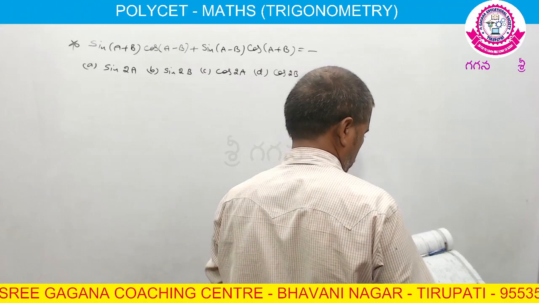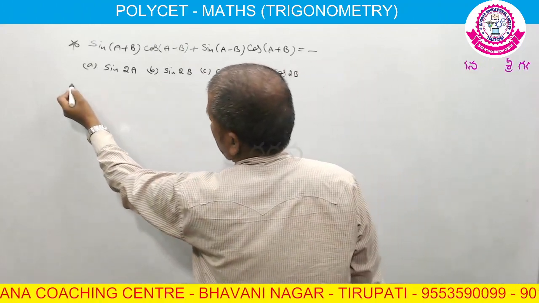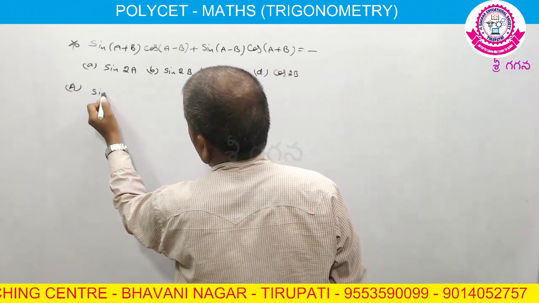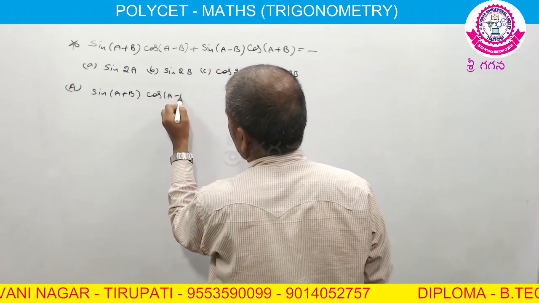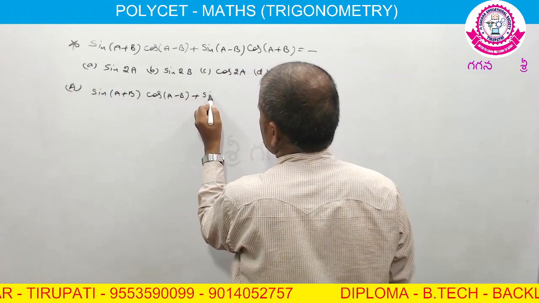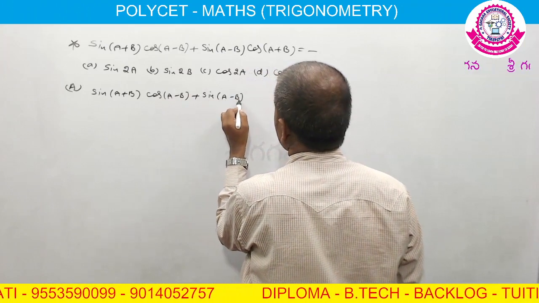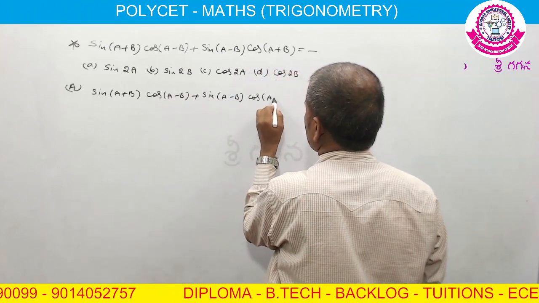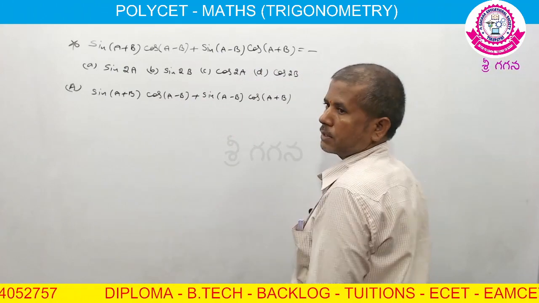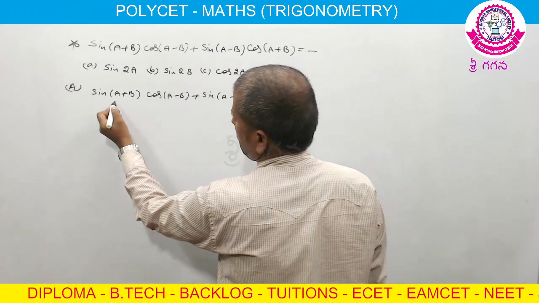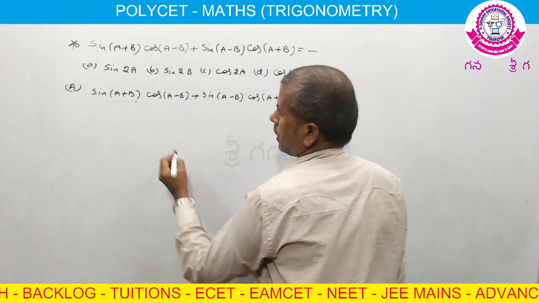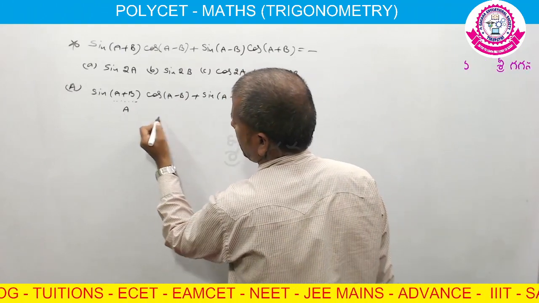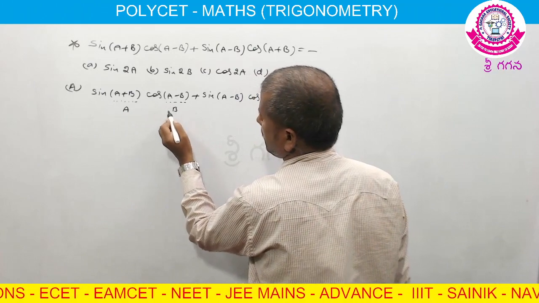So it is a very simple model. We take the given problem: sin of (a plus b) cos of (a minus b), plus sin of (a minus b) cos of (a plus b). We take a plus b as a, and a minus b as b.